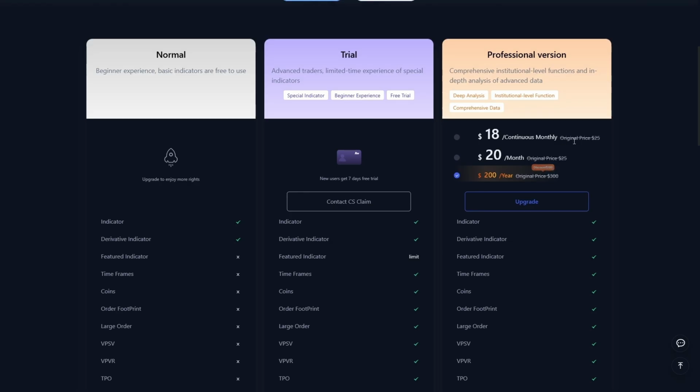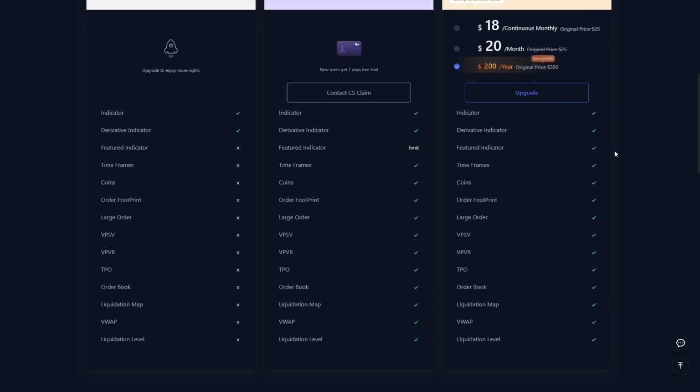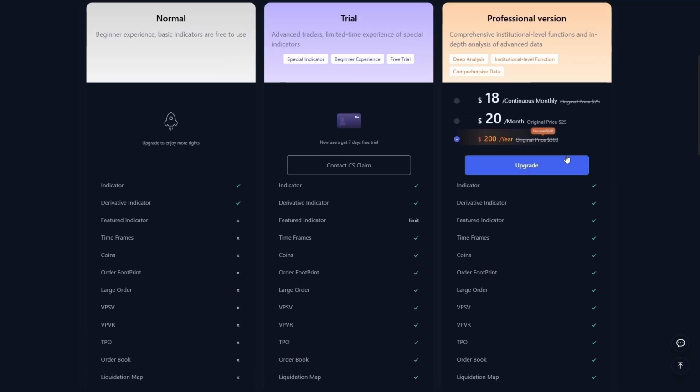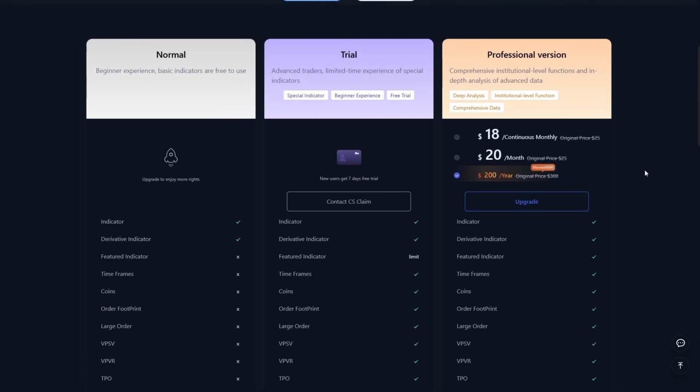If you want a continuous monthly subscription, currently it's $18. So you can see they're on a discount. Here you can see what it unlocks. It unlocks all these useful things which we just talked about. Yes, it's a pity that it's now a paid service, but at the end of the day, it's $20 a month.